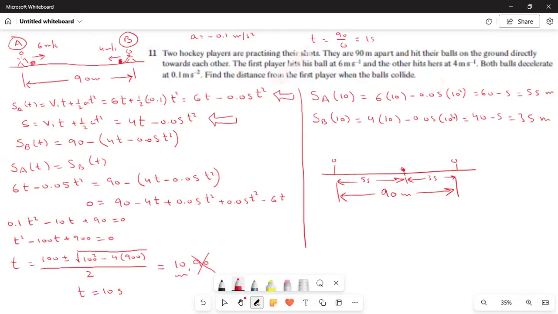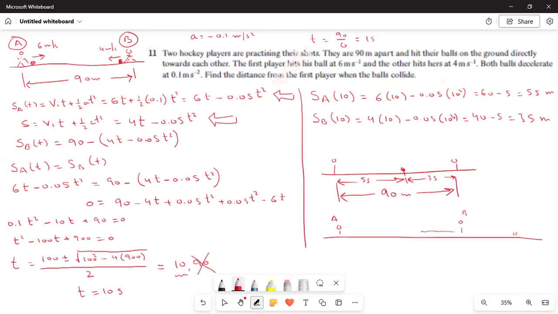What's the significance of 90 seconds? The ball hit by player A keeps moving in this direction and will keep going. The ball hit by player B is coming in this direction, but it is decelerating. Practically, when it stops, it stops.